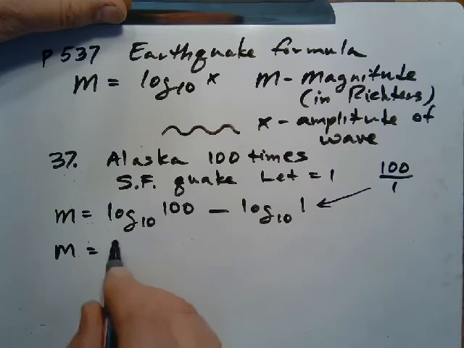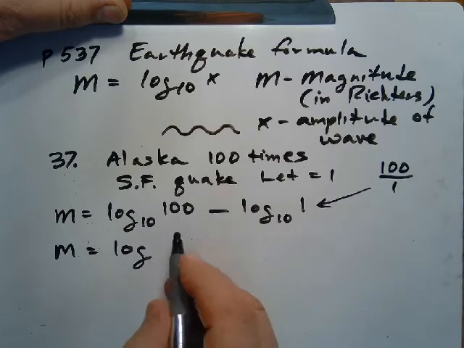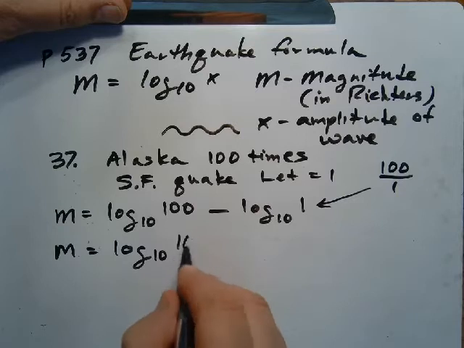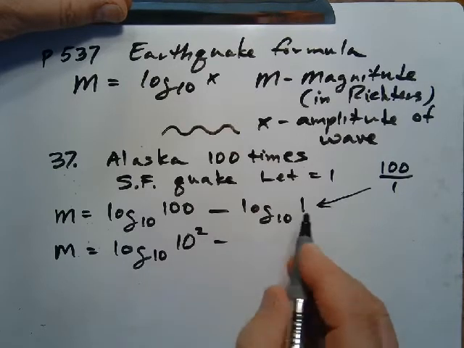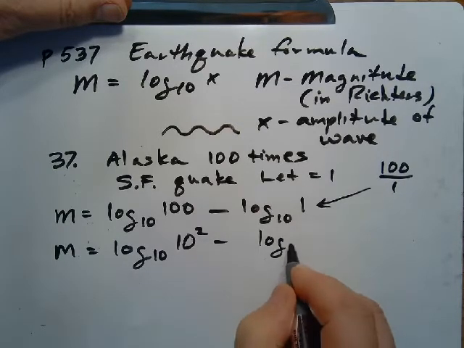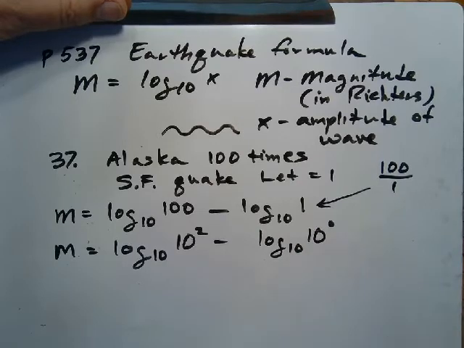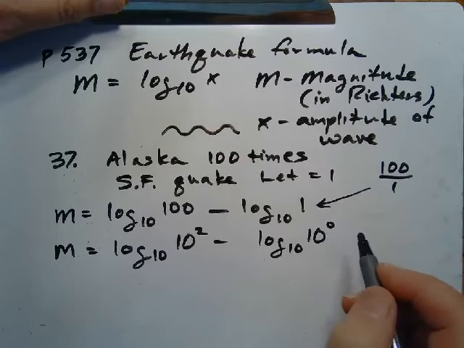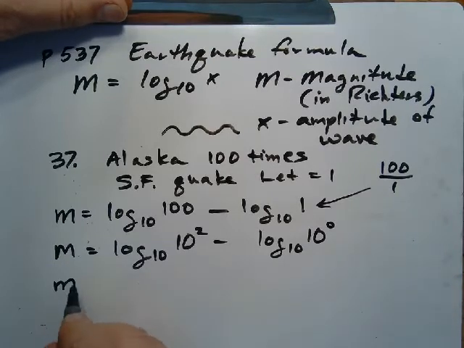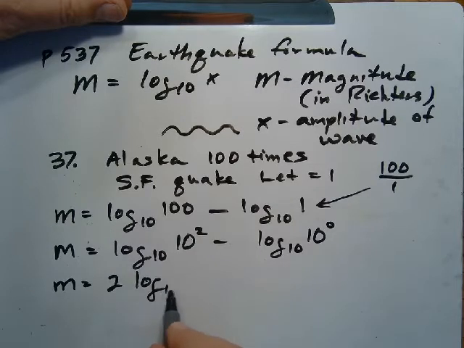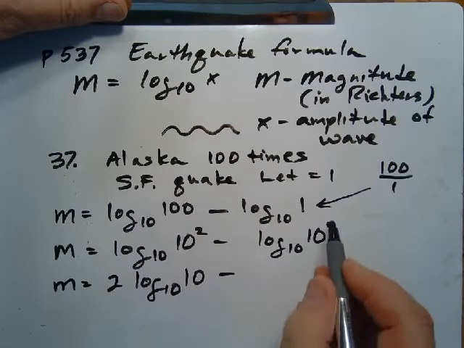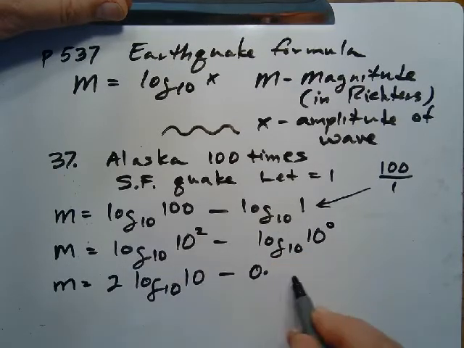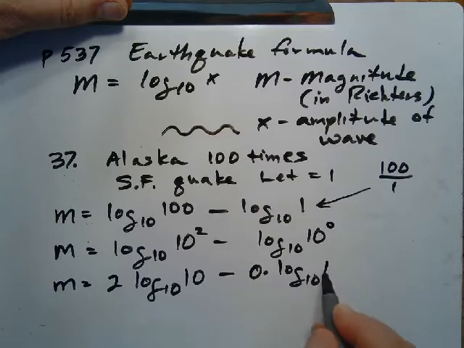Well, what is this? 100 can be written as 10 squared, and 1 can be written as 10 to the 0. Well, 10 to the 0, that's just 1, isn't it? So I'm going to drag that exponent around to the front, 2 log base 10 of 10. Drag this 0 around to the front, 0 times log base 10 of 10.